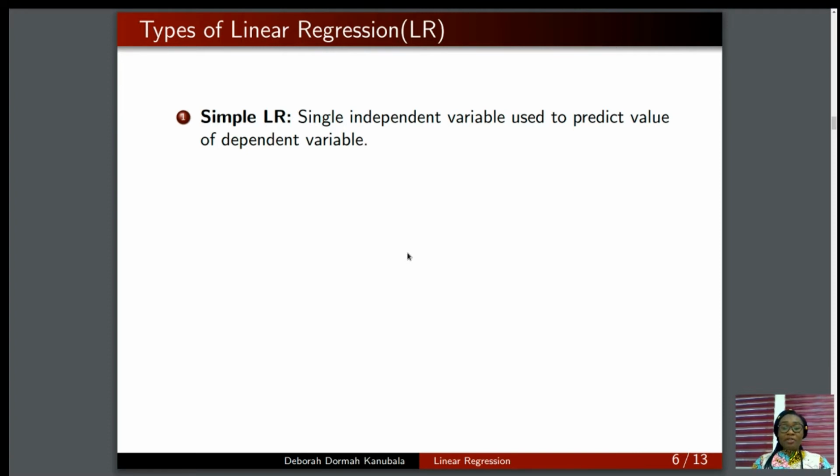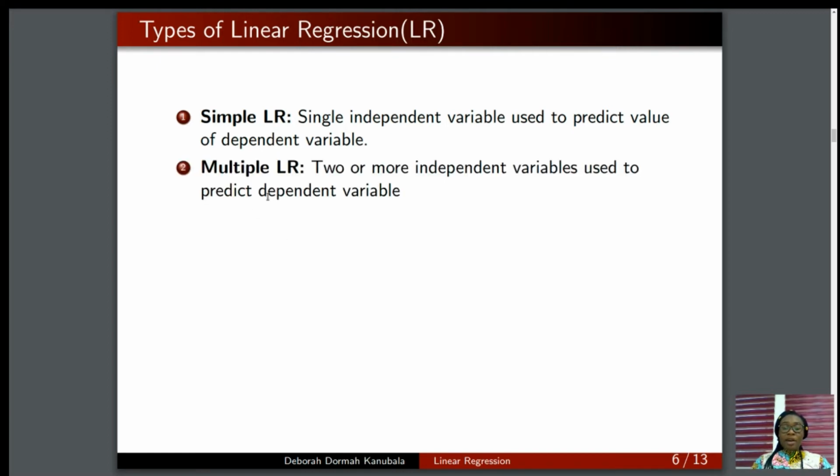In our example of height and weight, it is a simple linear regression because we have just a single independent variable, the height, and a single dependent variable, the weight. Then we have a different type, the multiple linear regression, which involves two or more independent variables used to predict the dependent variable.